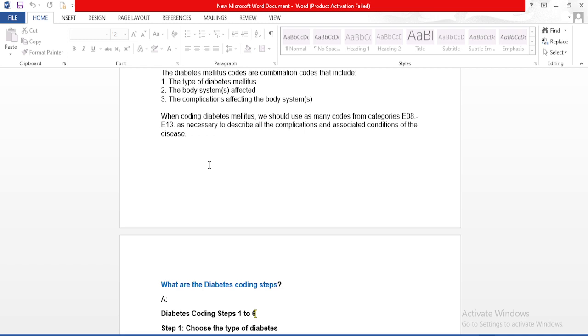For example, if the patient has kidney complication and PVD, we need to code E11.22 and E11.51 for diabetes mellitus with PVD. So when coding diabetes mellitus, we should use as many codes from categories E08 to E13 as necessary to describe all the complications and associated conditions of the disease.